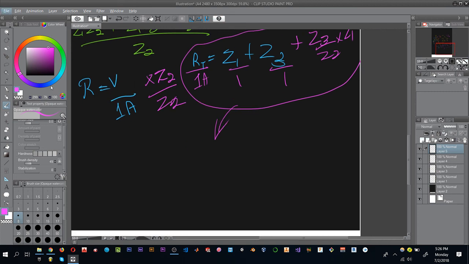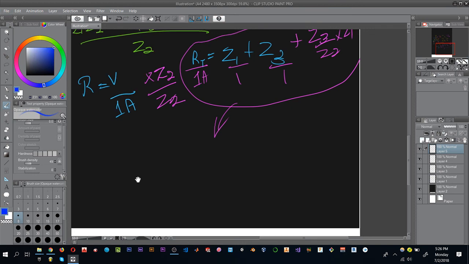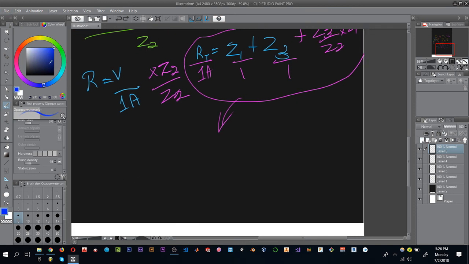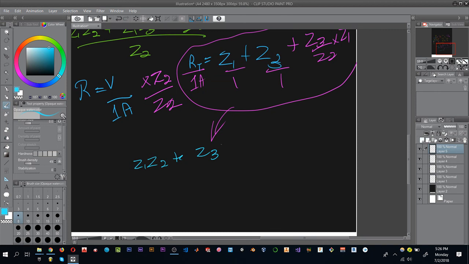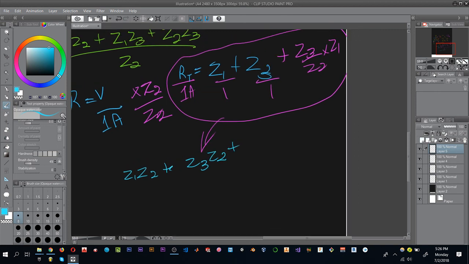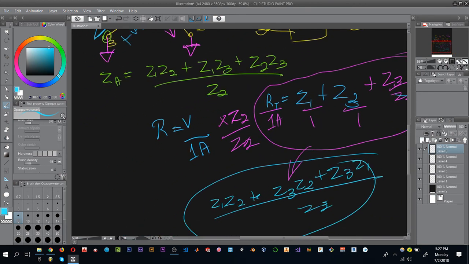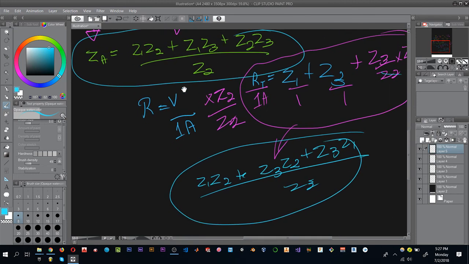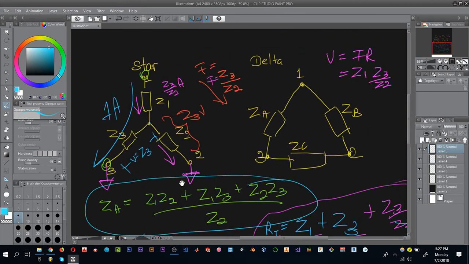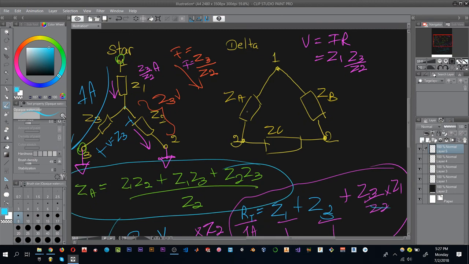The final equation becomes Z1 Z2 plus Z3 Z2 plus, well, the Z2 and the Z2 cancel each other out, so we just get Z3 Z1, all upon Z2. That is the same as the initial equation we got here. I hope this was insightful in explaining how we do star to delta transformations. Thank you.